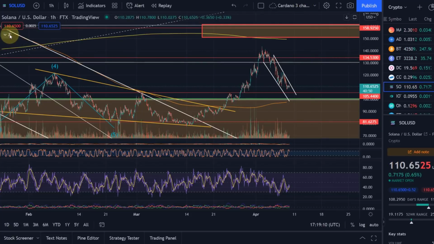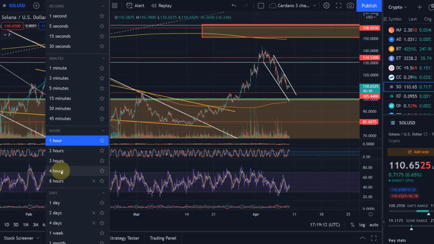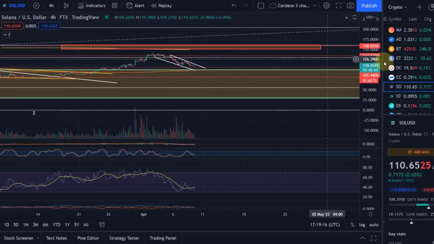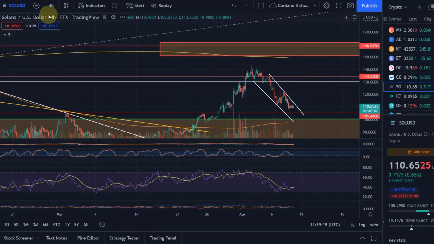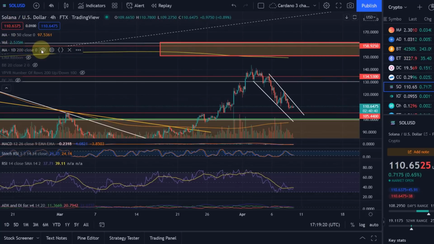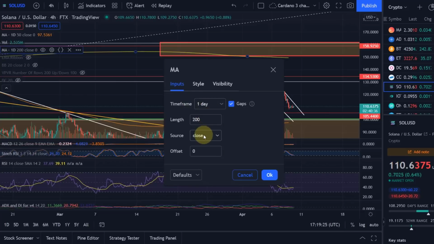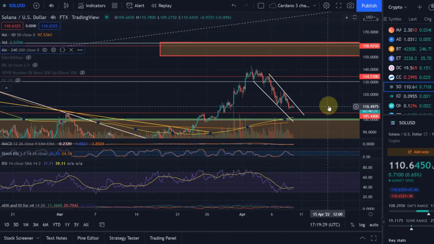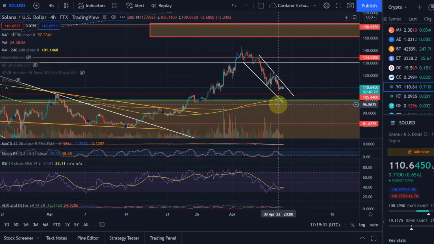Also, in addition to that, if I go to the 4-hour chart and add the 200 period moving average for Solana, you can see that we're also here where the 50-day moving average is.